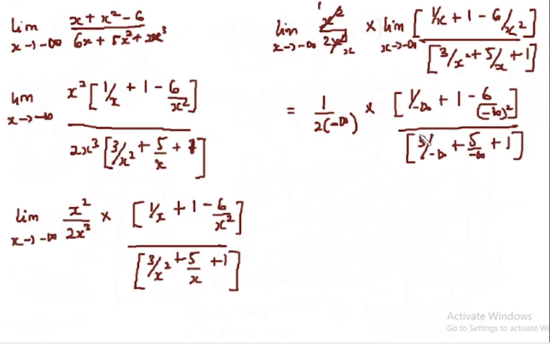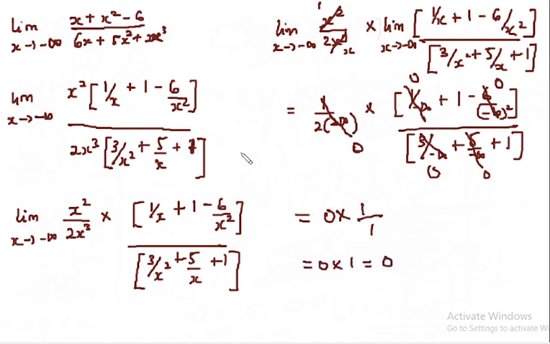All the 1 over negative infinity terms go to 0. So what we have here is 1 over 1. This one is also approaching 0, so this whole term is approaching 0 too. So I have 0 times 1 over 1, which is 0 times 1, and 0 times 1 is also 0. So this limit here is approaching 0.